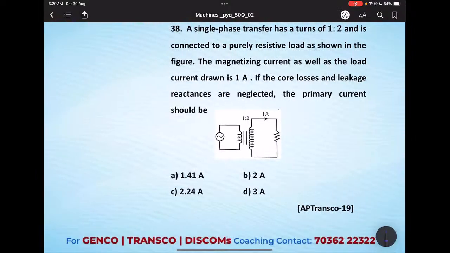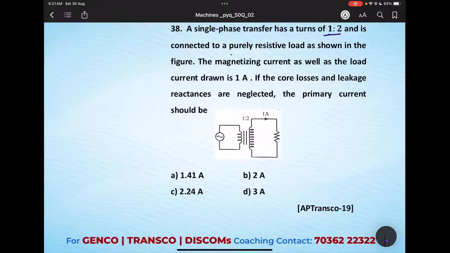The next question is about this: a single phase transformer has a turns ratio of 1:2 and is connected to a purely resistive load as shown in the figure. The magnetizing current as well as the load current drawn is 1 ampere. If the core loss and leakage reactances are neglected, the primary current should be what? They have given the turns ratio.